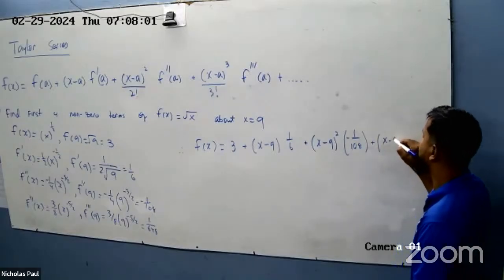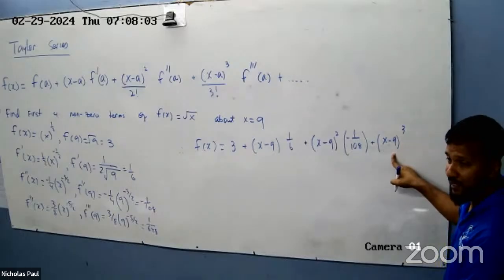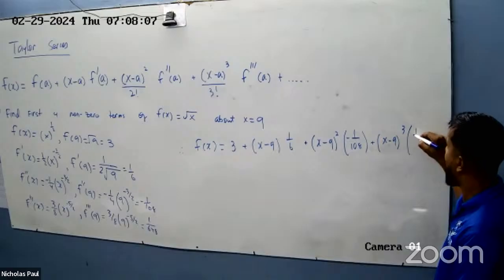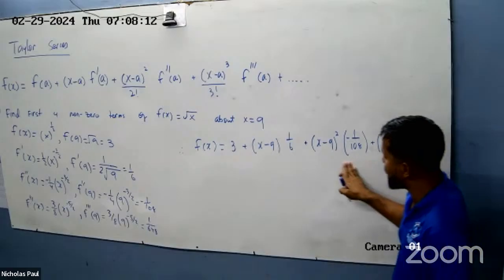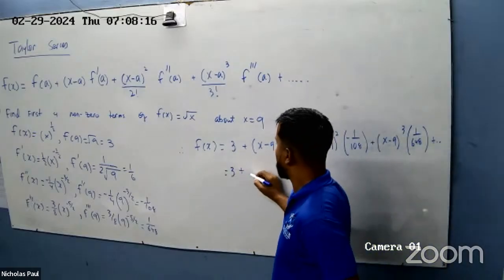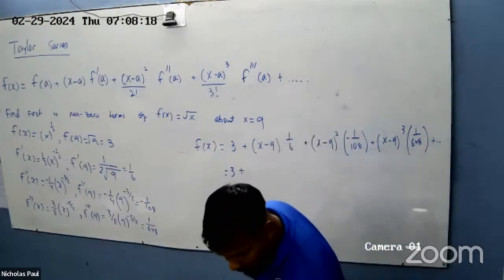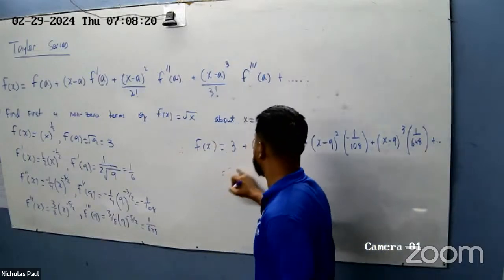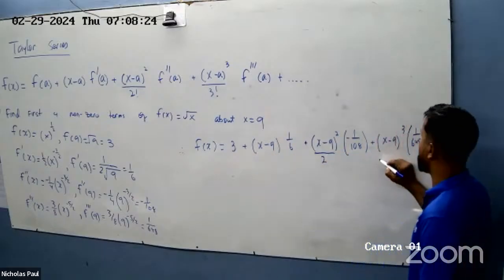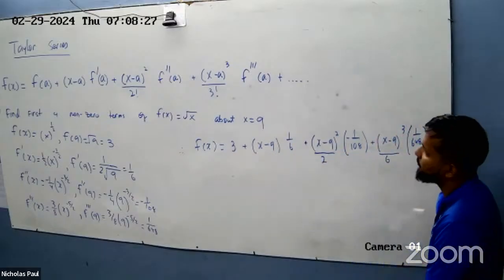Plus x minus 9 cubed, as it is, by 1 over 648. And that's 1, 2, 3, 4 non-zero terms. This is 1 factorial, this is 2 factorial, and this will be 3 factorial.